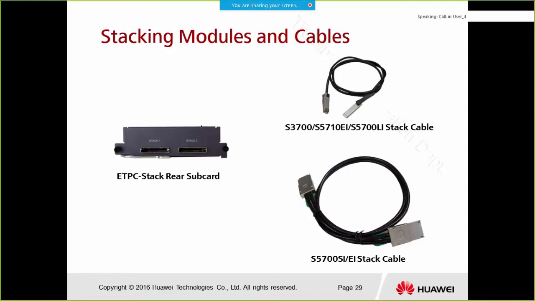Insert this subcard into the switch, then use the special stack cable to stack them together, to make several physical devices into a virtual device. But for now, the most popular stacking type uses the service port.